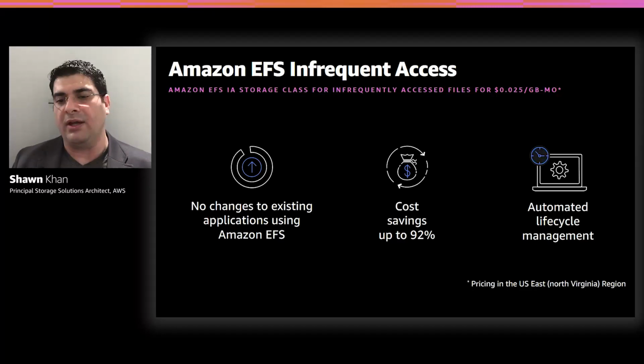Reads from EFS infrequent access and lifecycle transitions to EFS infrequent access are metered in 1 megabyte increments. So there's a lot of flexibility where customers can leverage a combination of standard and infrequent access to reduce their cost for shared storage within AWS.